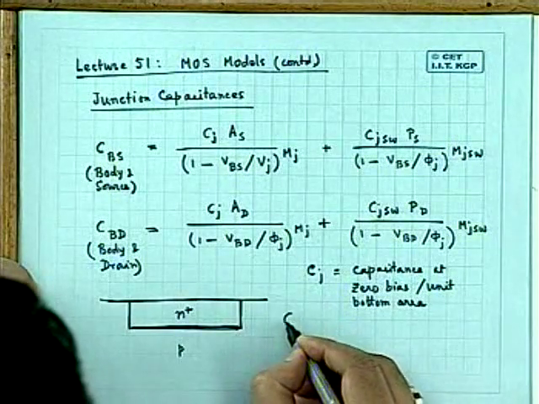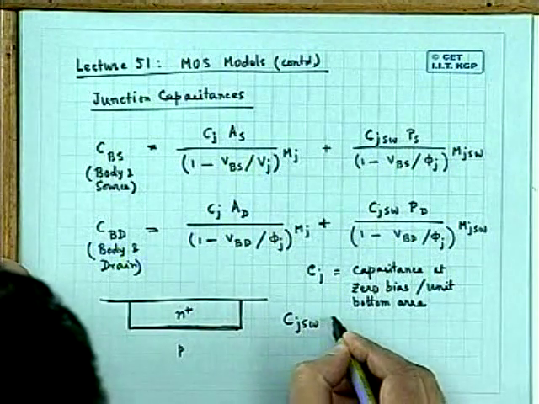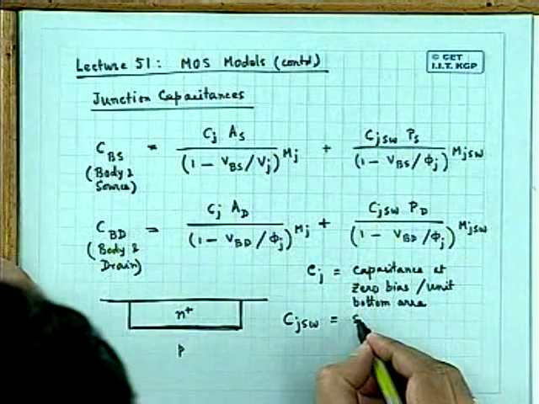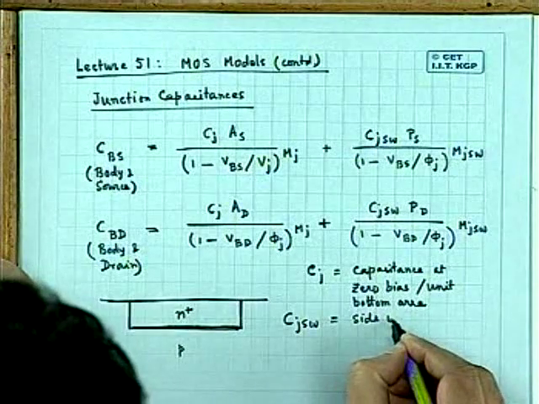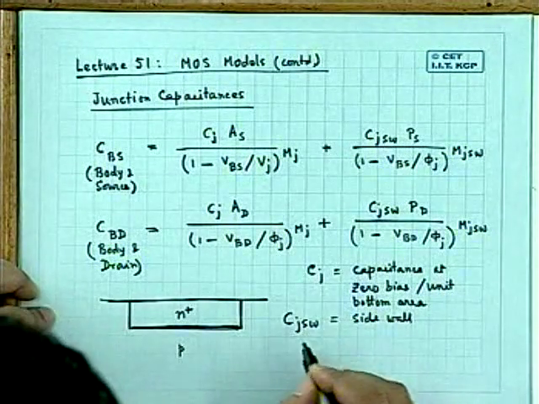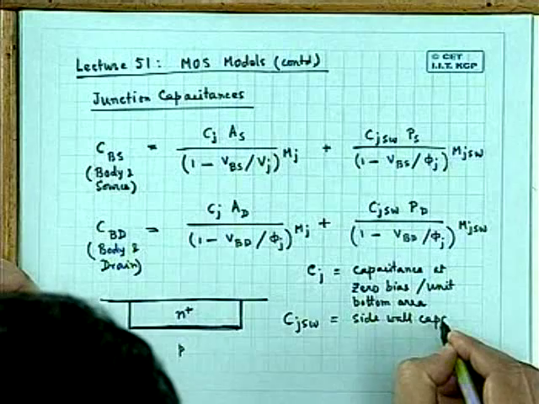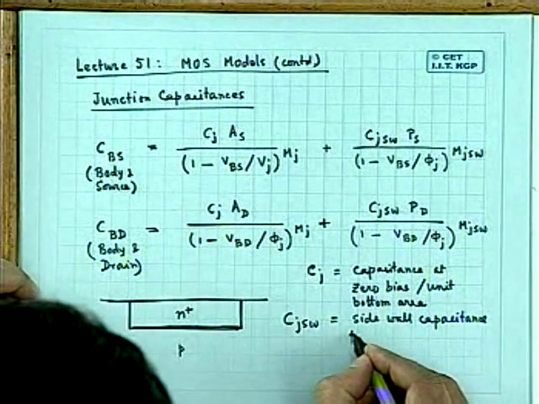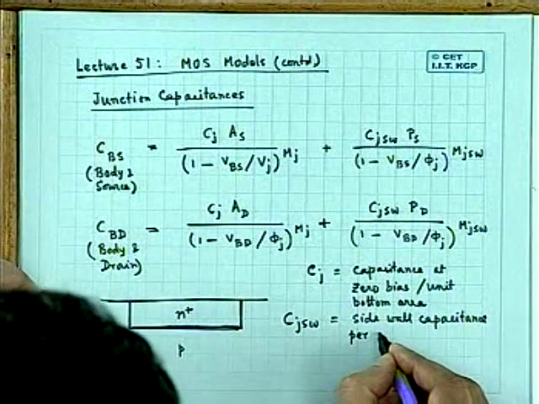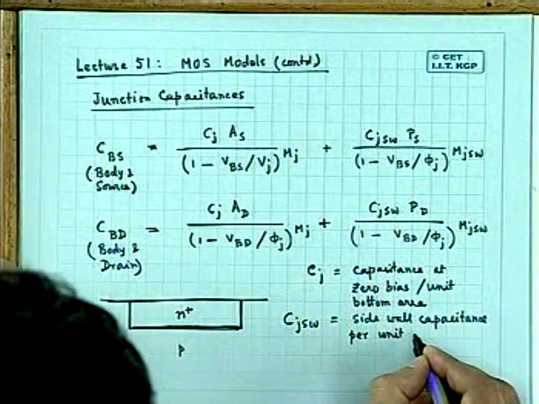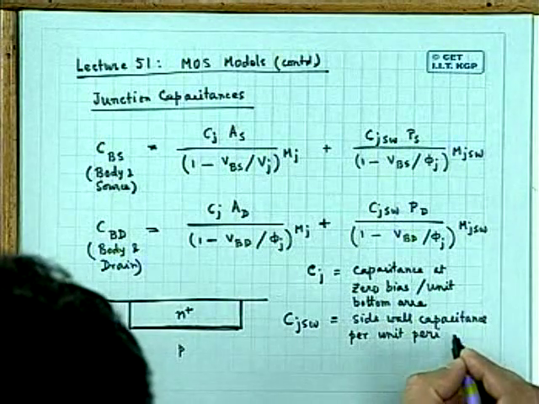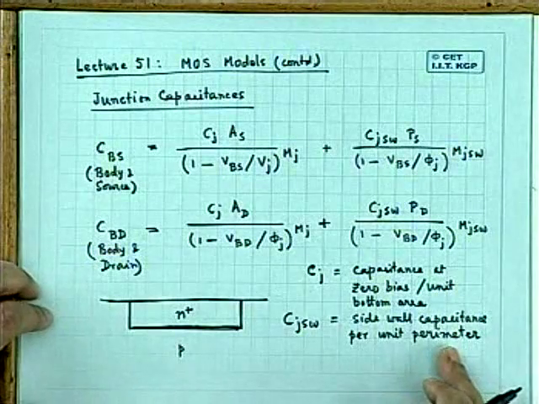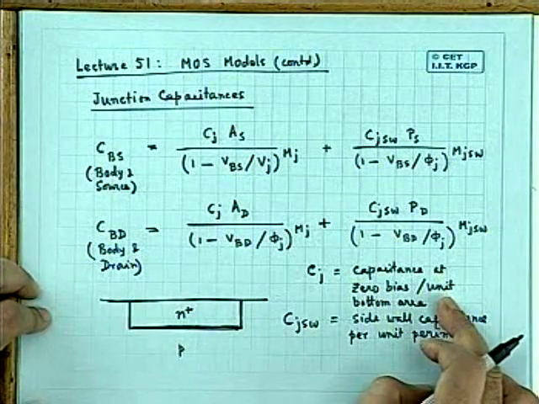Whereas CJSW is nothing but the sidewall capacitance. SW stands for sidewall, per unit perimeter. It is in terms of per unit length, and it is per unit perimeter, not per unit area. Please remember this.